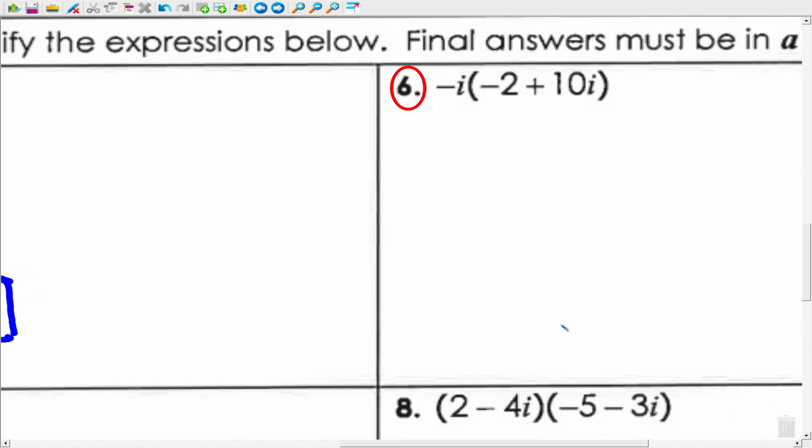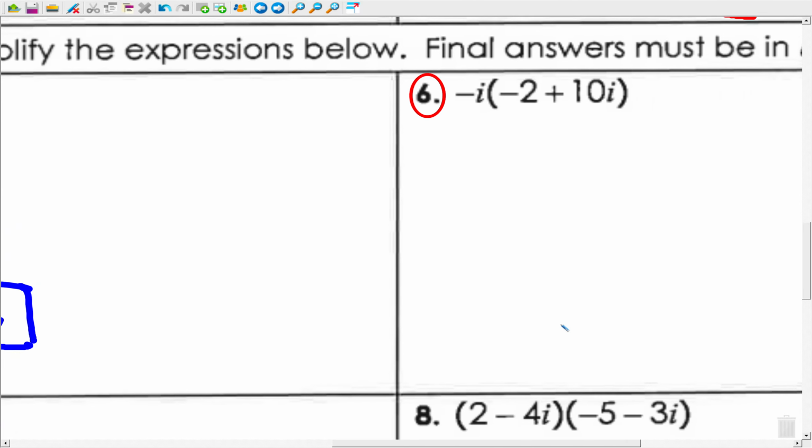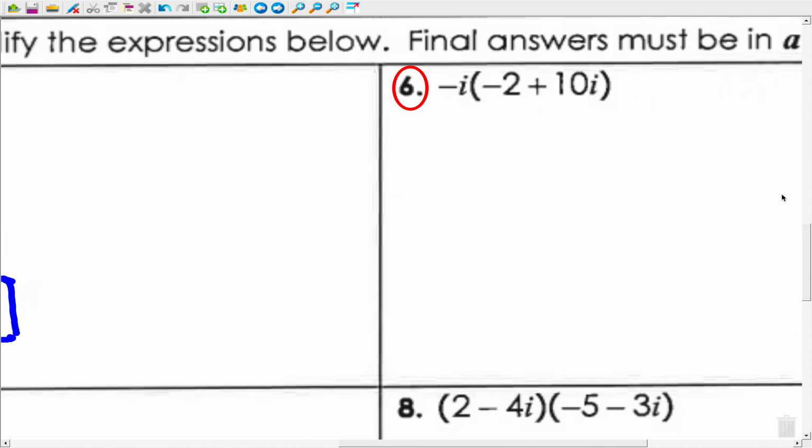Number 6. I'm going to distribute the negative i that's on the outside to the terms in the parentheses. Negative i times negative 2 is going to give me a positive 2i. A negative i times a positive 10i is going to give me a negative 10i squared. You cannot leave i squared.